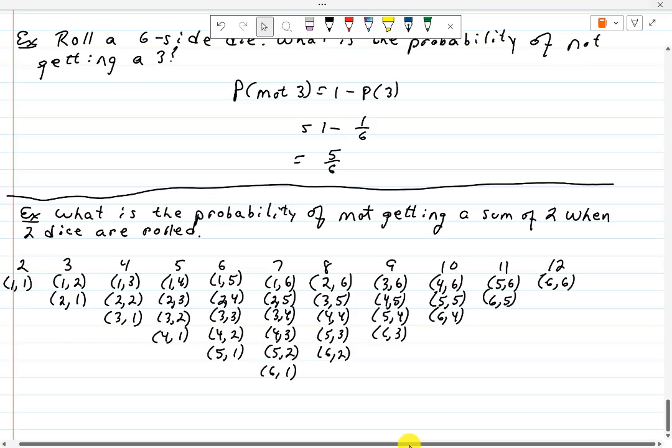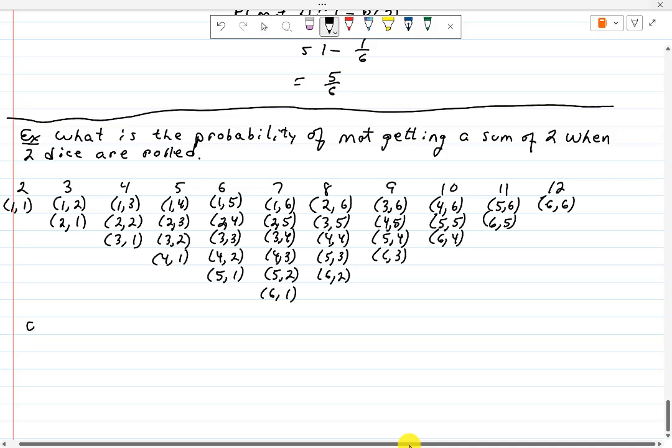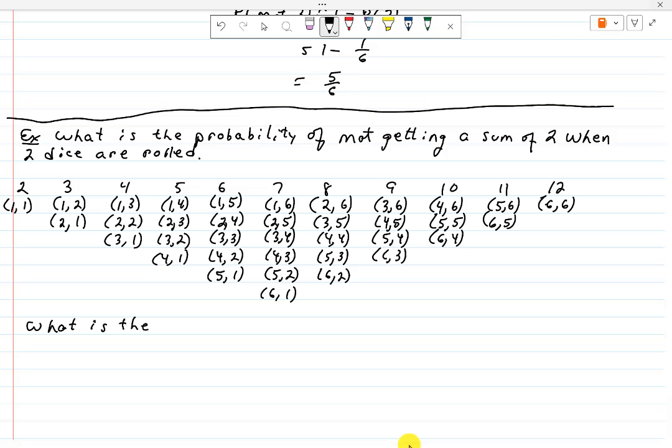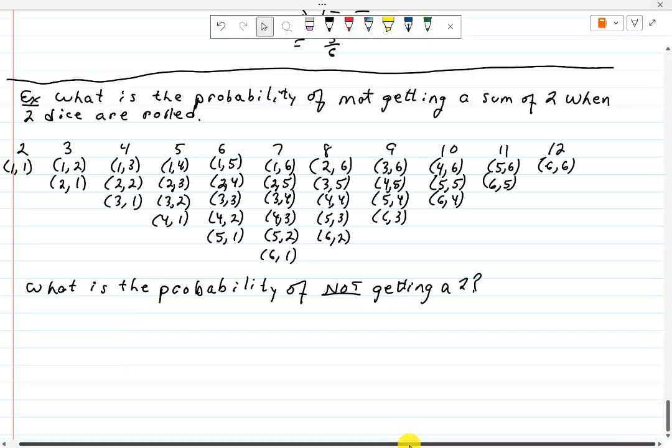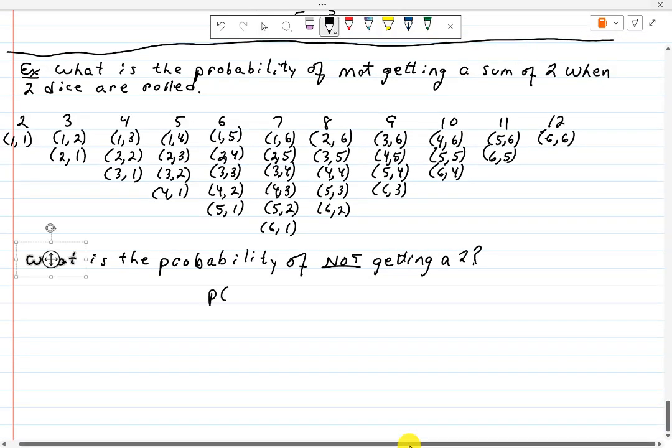So now I have a question about some of these problems here. What is the probability of not getting a 2? So what we want is the probability of not 2, and that equals 1 minus the probability that it equals 2.